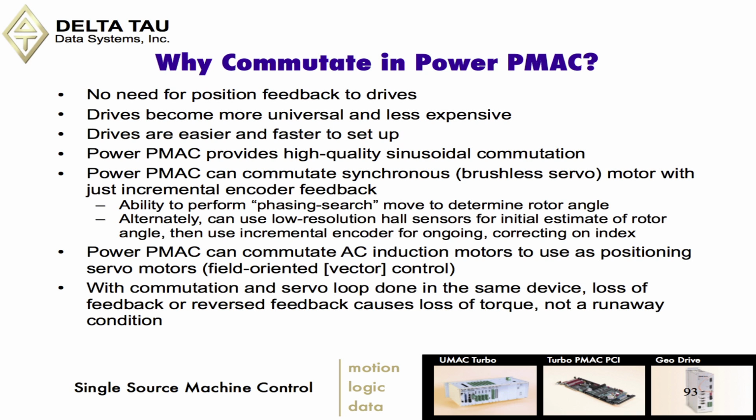At the home move position, you would have previously figured out what the exact offset to the commutation cycle is at that home position. Or you can use an absolute power-on position feedback device to tell you exactly where you are in the commutation cycle. Power PMAC can also commutate AC induction motors and use those as positioning servo devices.